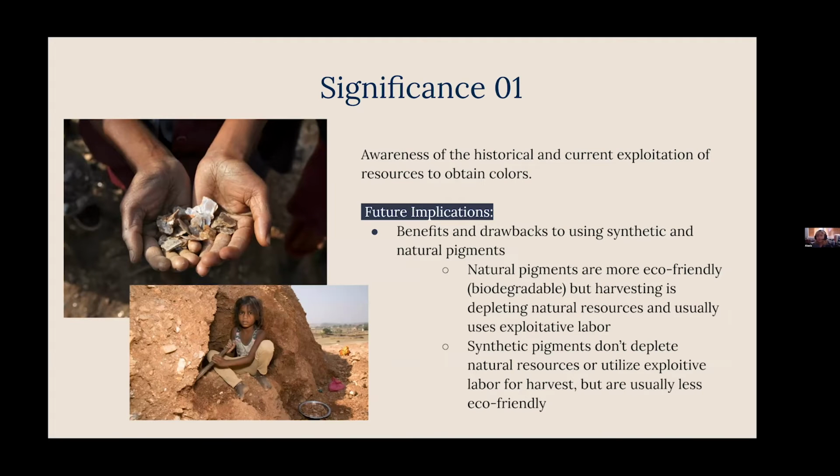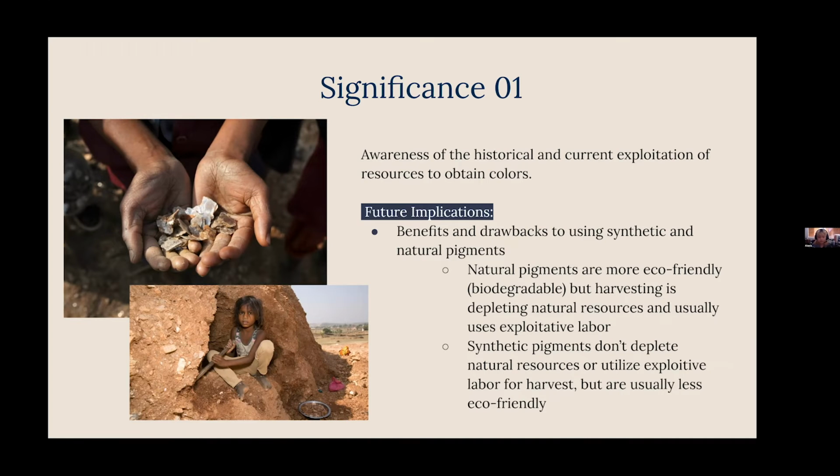So my point of significance is that a lot of the resources obtained to create paint pigments were unethically sourced. So a lot of the times, for example, in my paper, I talked about the color Indian yellow and the color mummy brown.